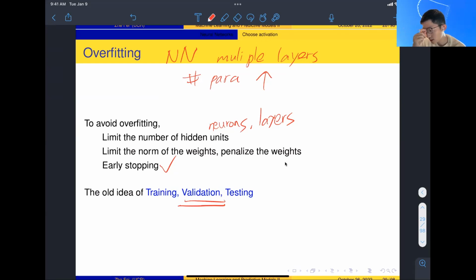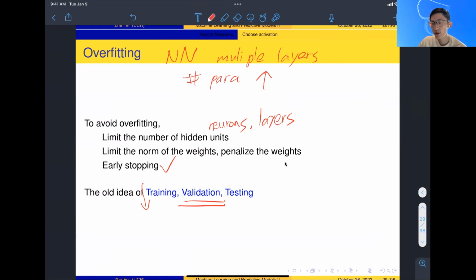We will see the example next. But the idea is that, as we have seen previously, as long as you keep updating your model, the training error would be continuously decreasing. The training performance is always improving.